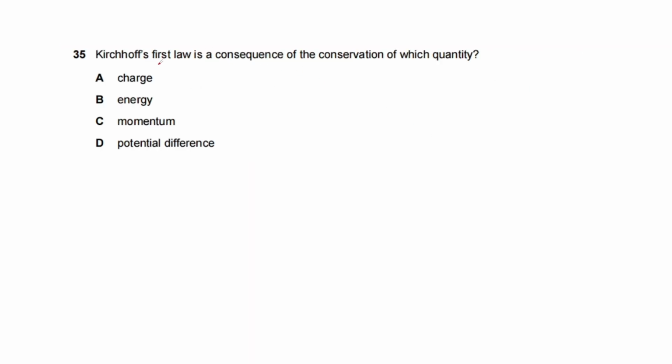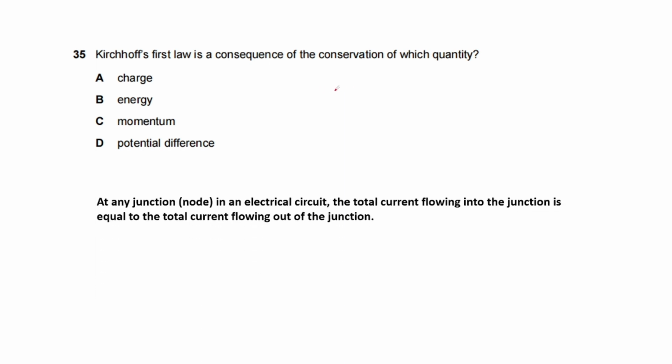Question number 35. Kirchhoff's first law is a consequence of the conservation of which quantity? In Kirchhoff's first law, we are describing the current conservation, or the charge conservation. Let's consider a junction in a circuit, and the current passing is I1.